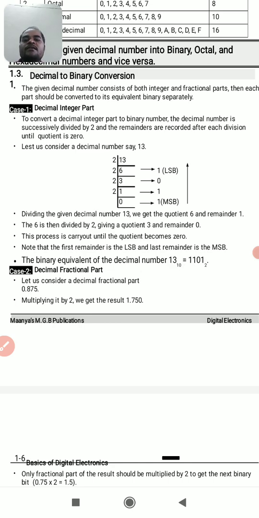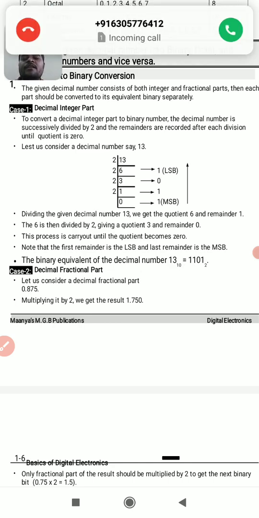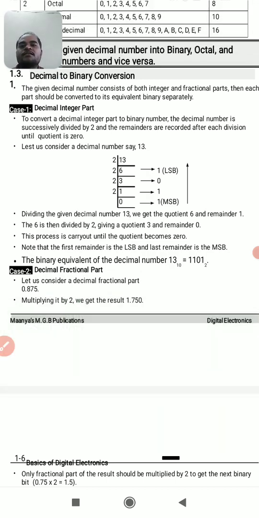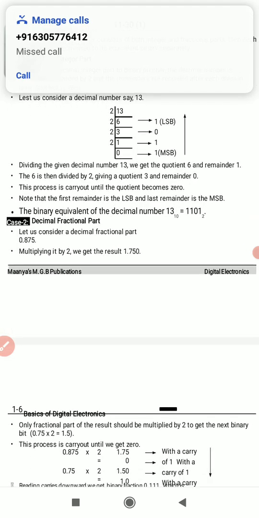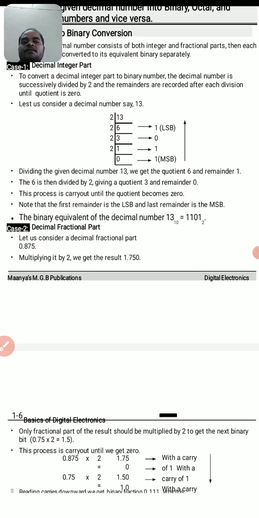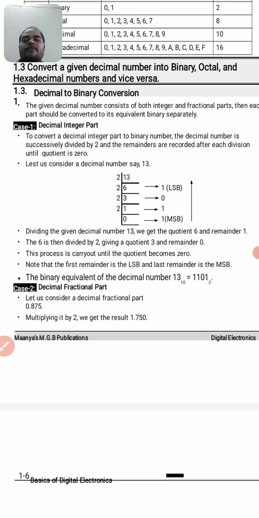So we write the numbers from the bottom upwards here. You have to remember that when we are dividing the decimal integer part, we have to write the result from downwards to upwards.